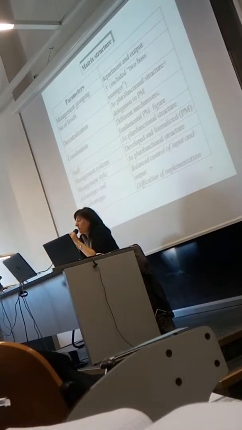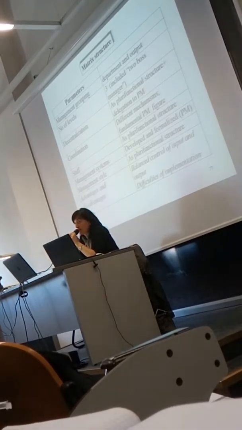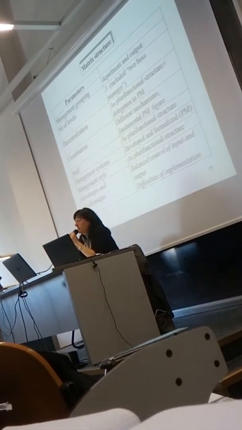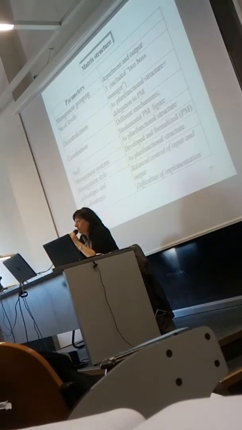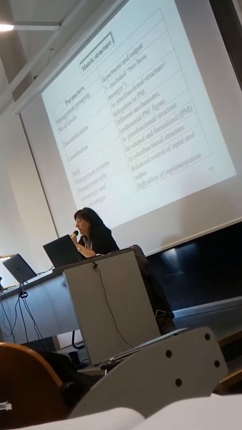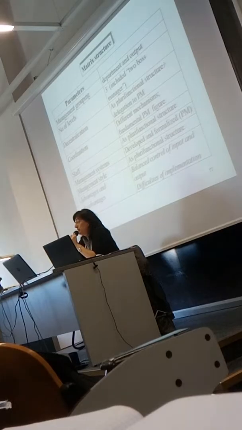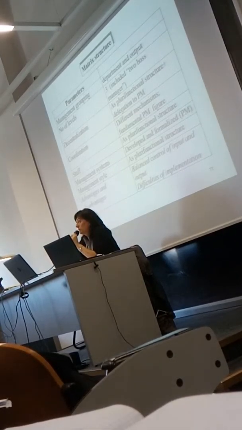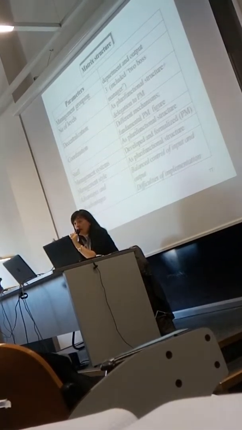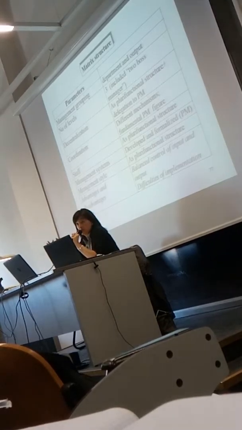This is the most widespread grouping that is possible to identify inside a matrix structure. But it's possible also to identify, for example, a grouping based on output. Okay? For example, a grouping based on output could be based on geographical areas and the customers.